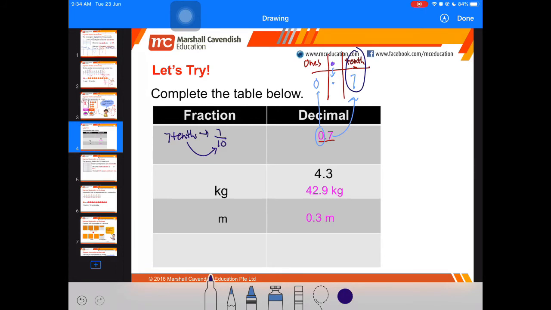So 7 tenths. Now I'm going to go into the very difficult one, which is 42.9. Then I'm going to leave you to do the rest. If I don't look at the 9 first, I look at 42. Can you tell me what is the place value of 42? You learned this in primary 1. 42, you will learn that it's actually tens and ones.